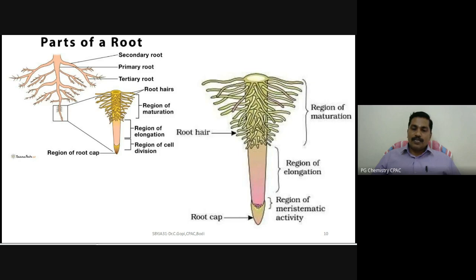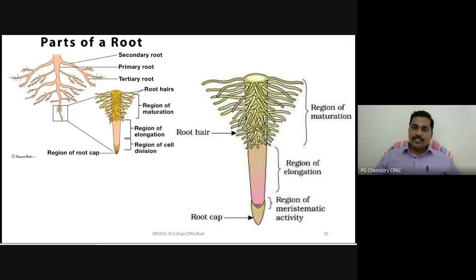So it has to be protected from the soil or any mechanical damage by means of the root cap. Then after that, you can find the elongation of the root, because the meristematic cells are pushed towards the upper side, so that cell elongation takes place.